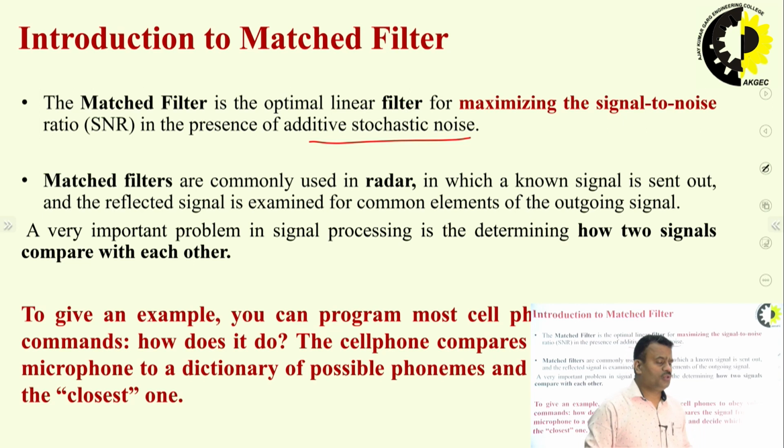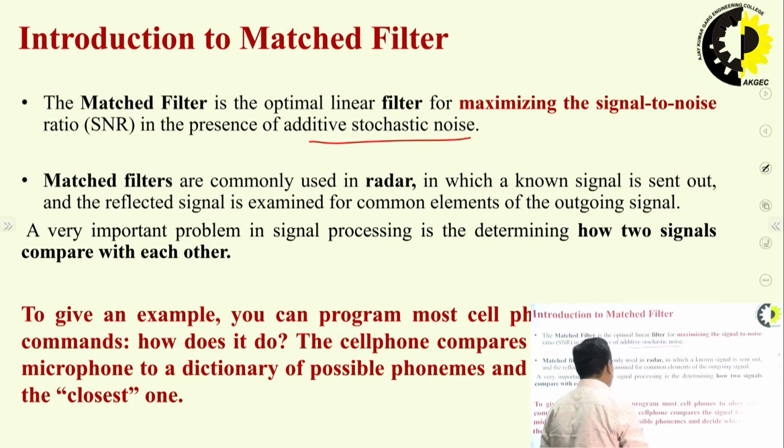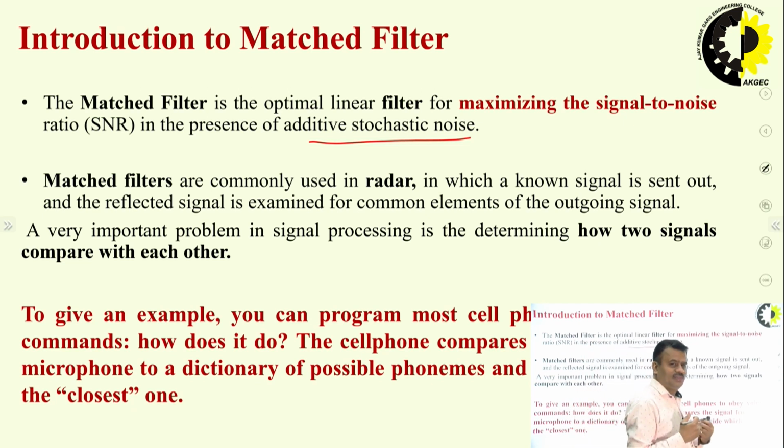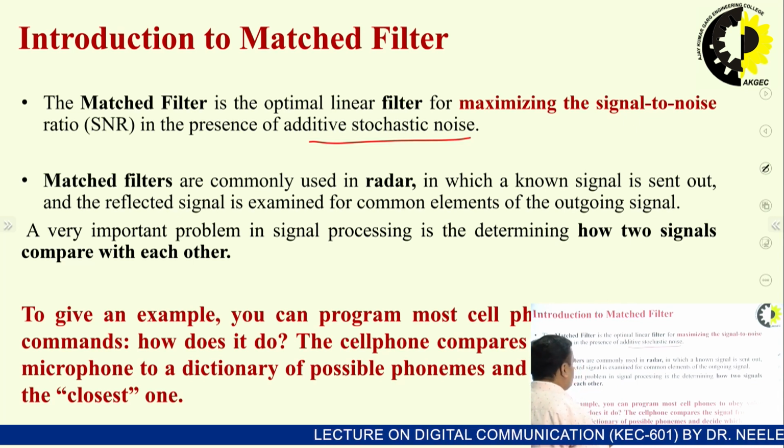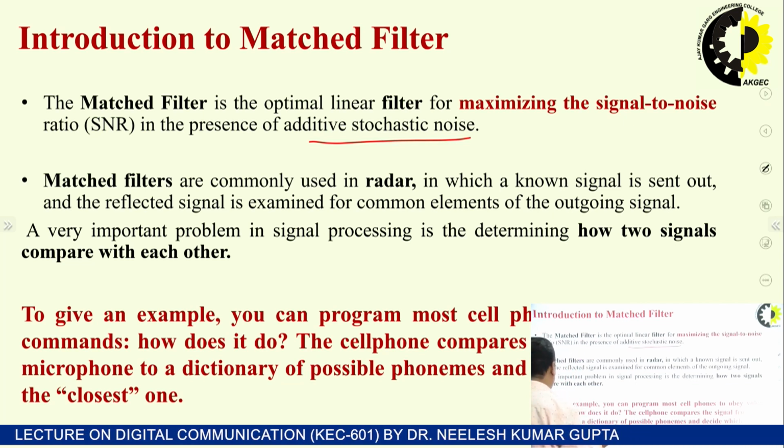To give an example, take most cell phones programmed to obey voice commands. How does it recognize that a voice is coming? The cell phone compares the signal from the microphone to a dictionary of possible phonemes and decides which one is the closest.